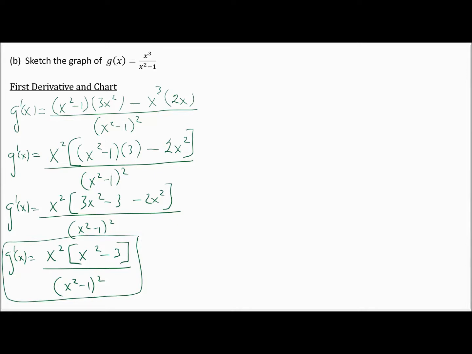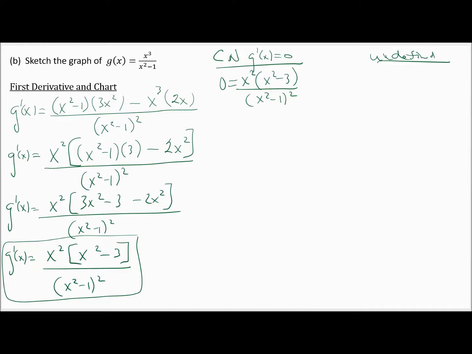Now what I'm trying to do is find critical numbers, right? Critical numbers happen in 2 places, where the derivative is equal to 0 and where the derivative is undefined. The derivative is equal to 0 when we set the whole derivative equal to 0. So I'm going to say 0 equals x squared times x squared minus 3 divided by x squared minus 1 squared.